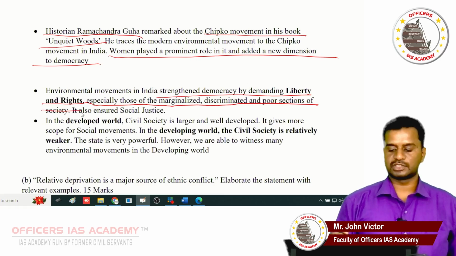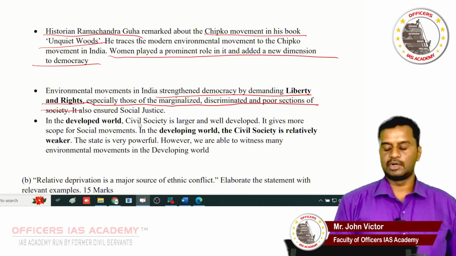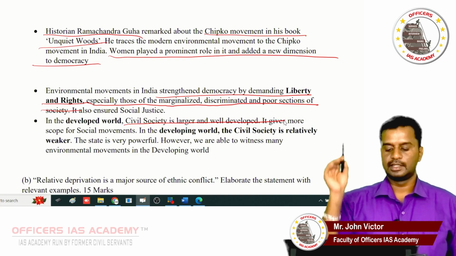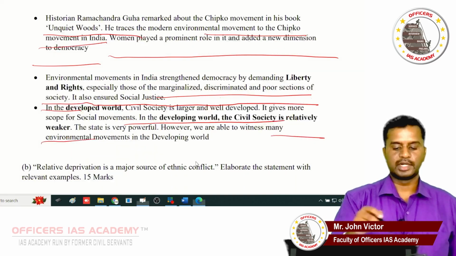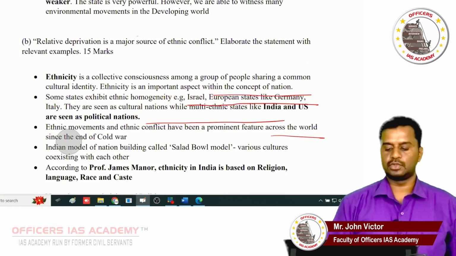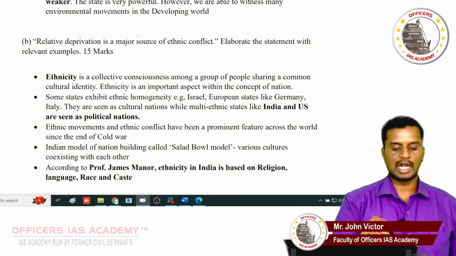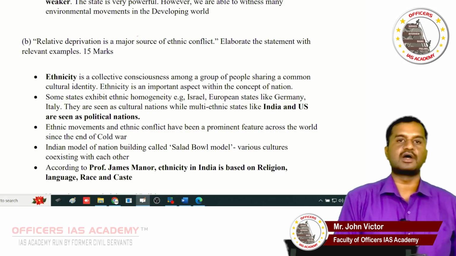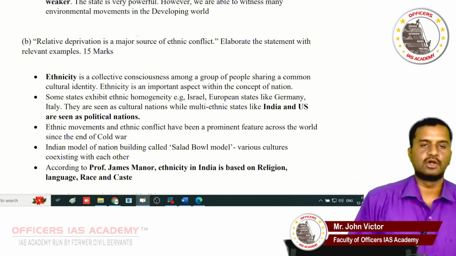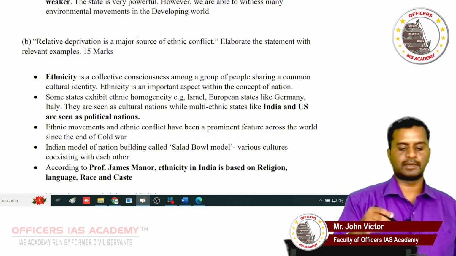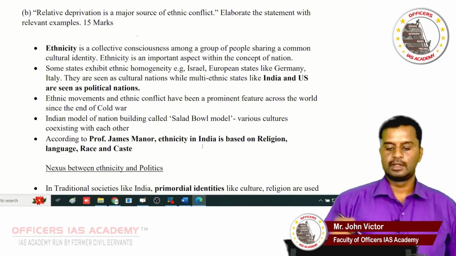In the developed world, civil society is well developed. In the developing world, it is relatively weaker. You can also add that we can expect to see more environmental movements in the future in the wake of development and globalization, and also through the challenge coming from climate change.